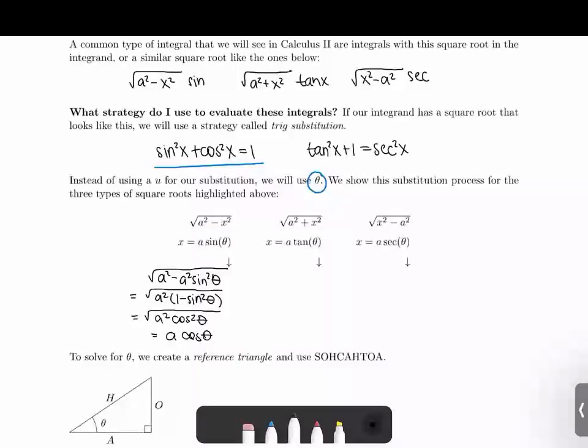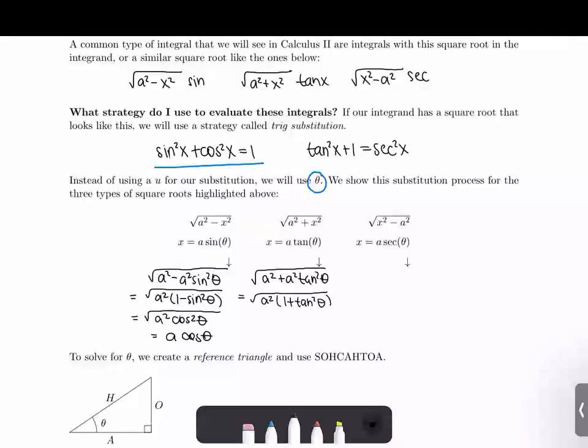Now let's look at our second substitution. So we have the square root of a squared plus x squared. And because we know that that's associated with tangent, our substitution just changes where x equals a tangent theta. So we can rewrite this in an incredibly similar way as the square root of a squared plus a squared tangent squared theta, which is equal to the square root of a squared times 1 plus tangent squared theta.